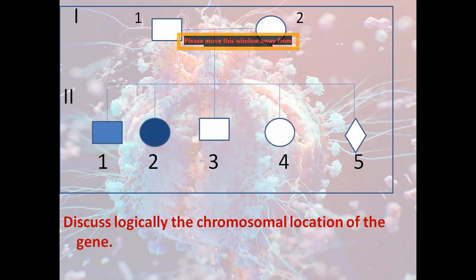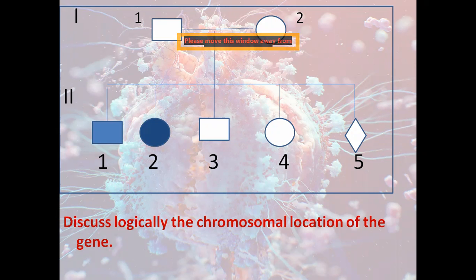If I said discuss the chromosomal localization of the gene or the location of the gene, here you have to determine the dominant and the recessive, you have to give the symbols, and then you have to discuss it. Otherwise, your work will be cancelled, even though you use the symbols correctly, but you didn't say which one is the dominant and which one is the recessive, and what each symbol codes for. So here you have to pay attention to this.